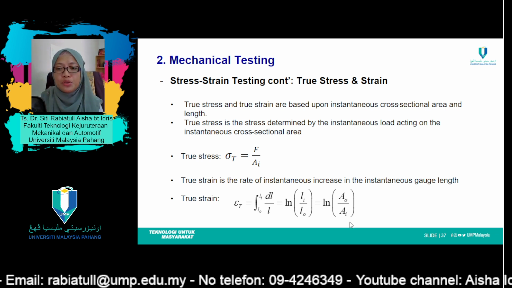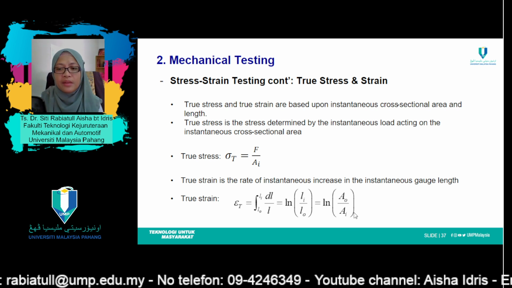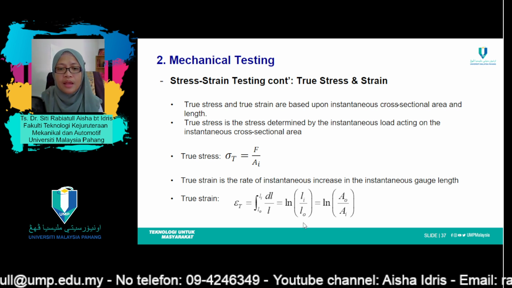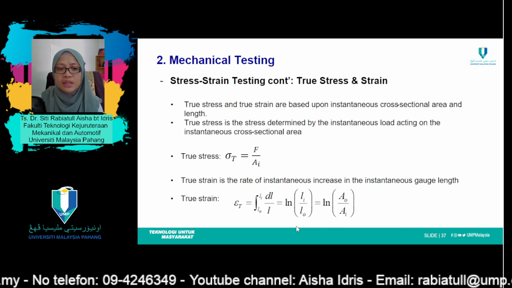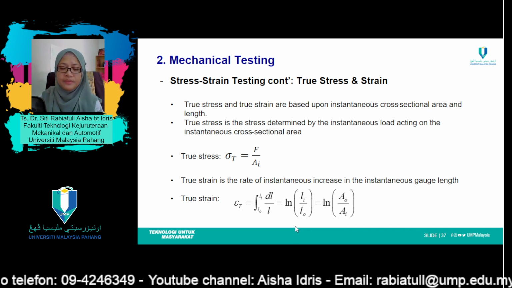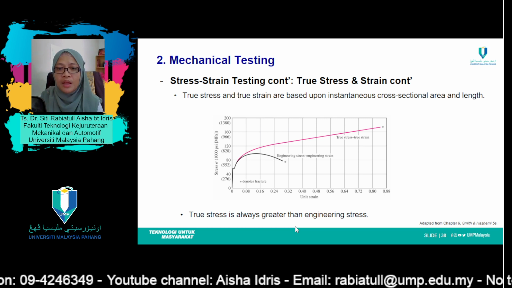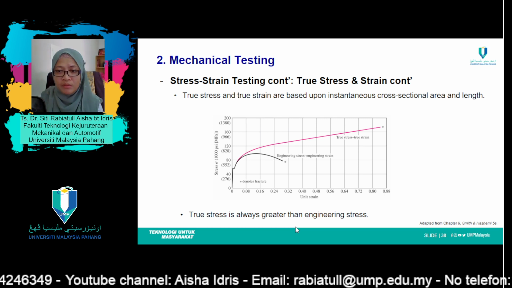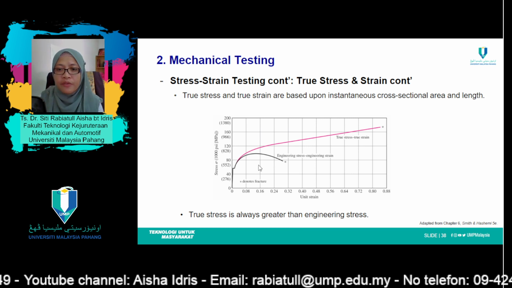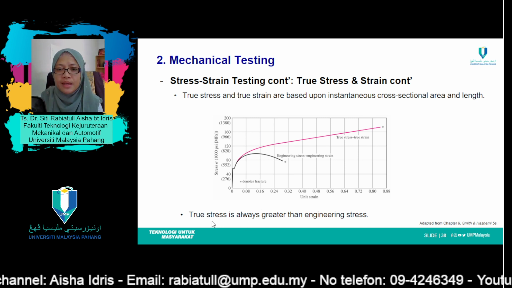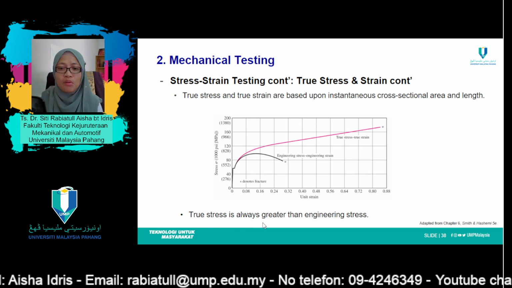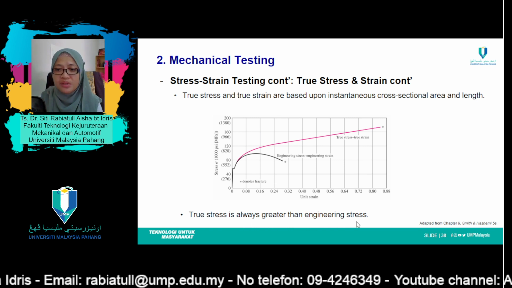The same goes for strain. The value of A there refers to the changing area with respect to time of that specimen at that load. And if you refer to this graph here, it states that true stress is always greater than engineering stress.